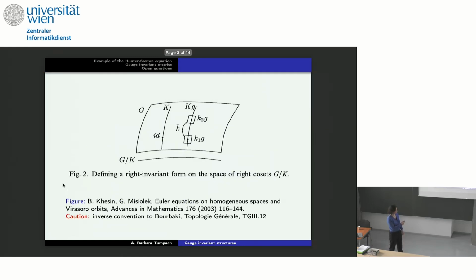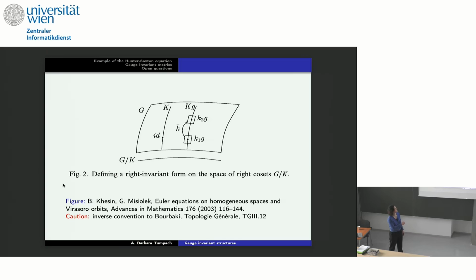So let me show you this picture. This is a picture that I took from the paper of Kessin and Misolek. And it's really the same kind of picture that we saw yesterday in the lecture of class modeling, right? Here it's a group, but it can be also a total space of a fiber bundle.